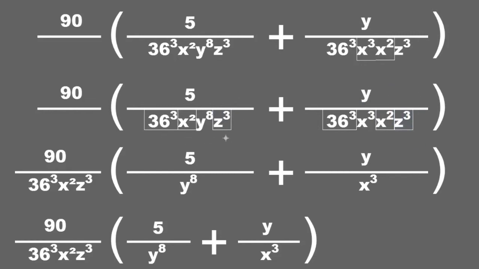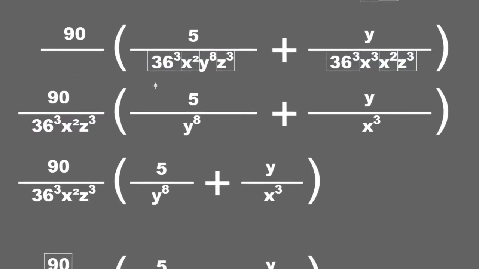So I have 3 terms on each side that I can take out of the parentheses, take away from these denominators, and put in the denominator of the fraction outside of the parentheses. If I take these terms out from this denominator, the only one that remains is y to the 8th power. All of the other ones are being taken outside of the parentheses.